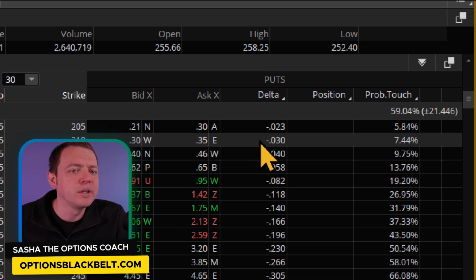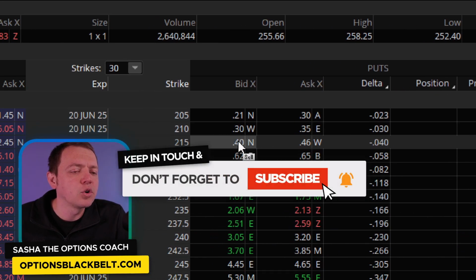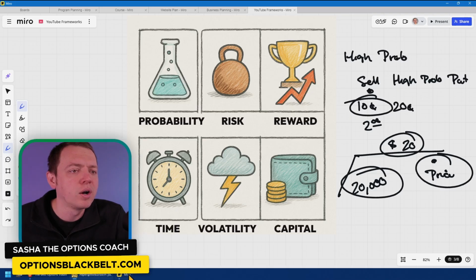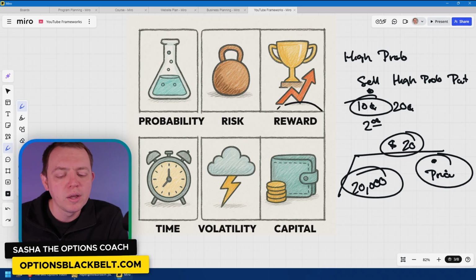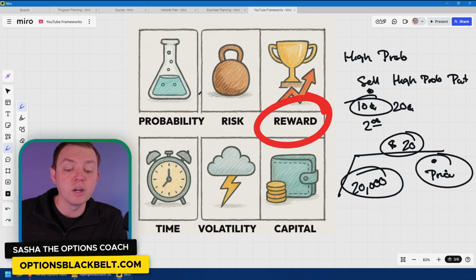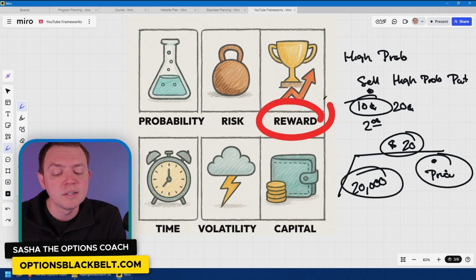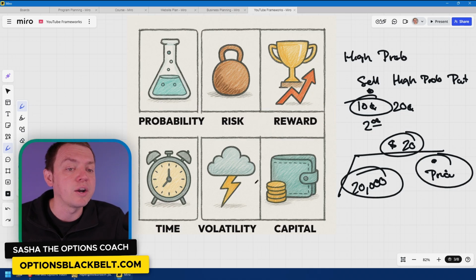Now, the delta is only a 3. If I want to increase that and make more, I'm saying I want a bigger reward. If you want a bigger reward, we have to trade that reward concept for the probabilities, meaning we're going to have lower probabilities, but at least we're going to get a better reward.